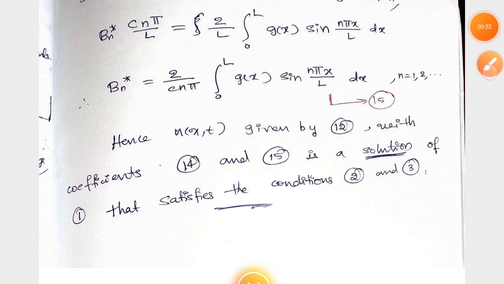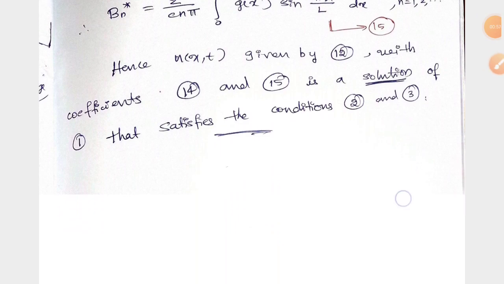If you substitute these coefficients in equation number 12, we get the required solution of the one-dimensional wave equation.